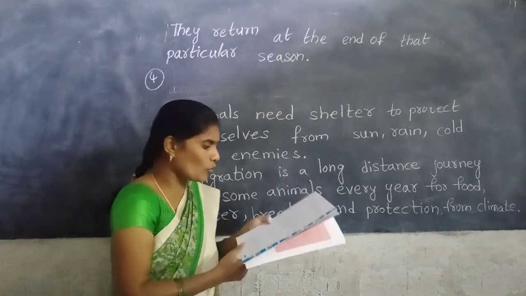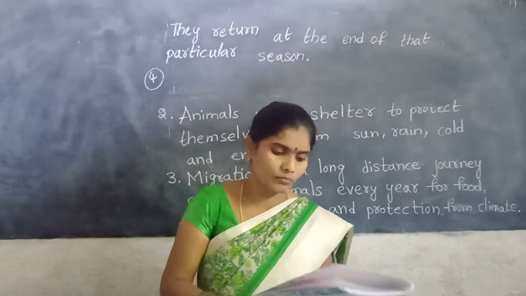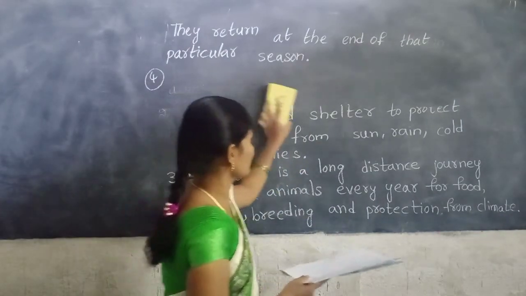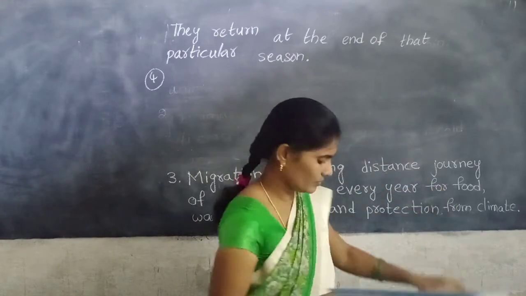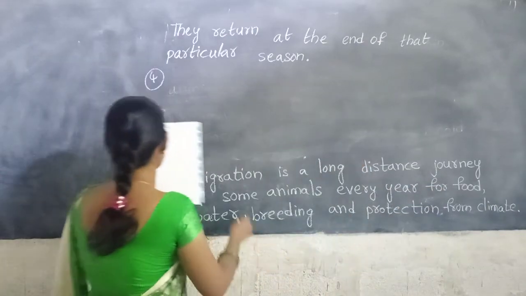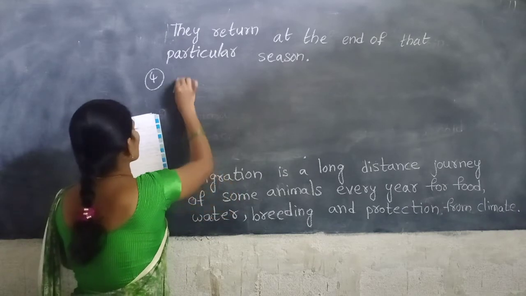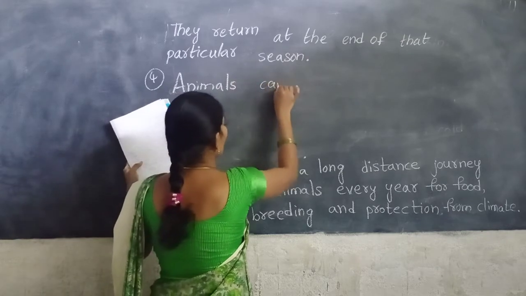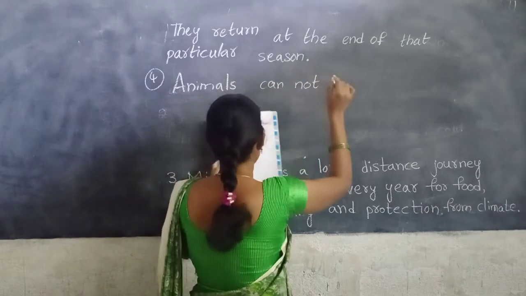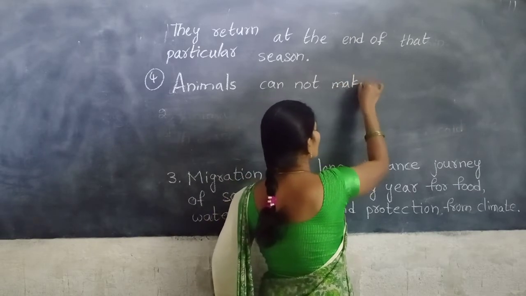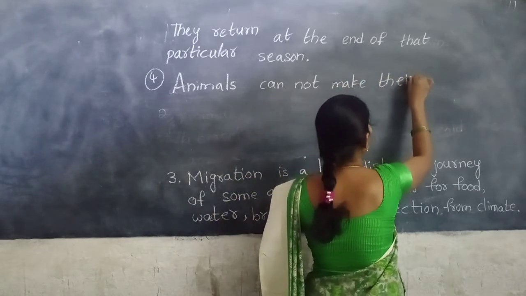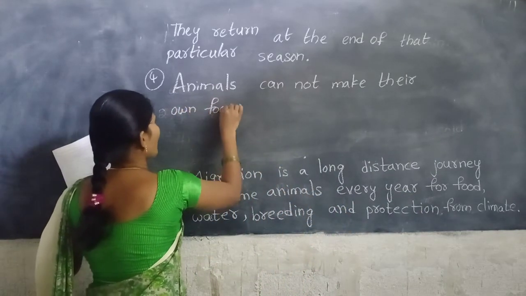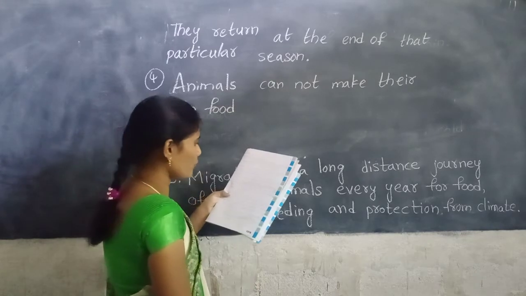Can animals make their own food? If not, on whom do they depend for food? Animals cannot make their own food.